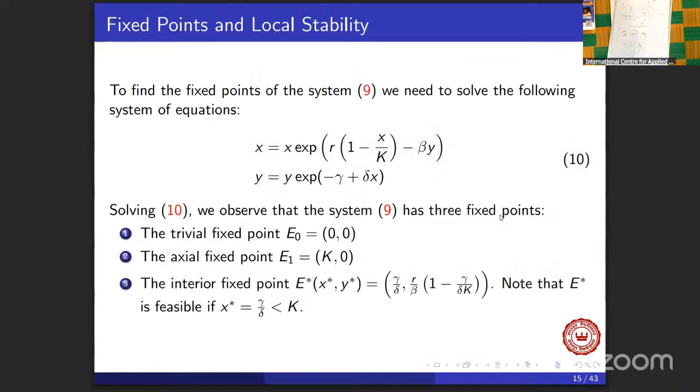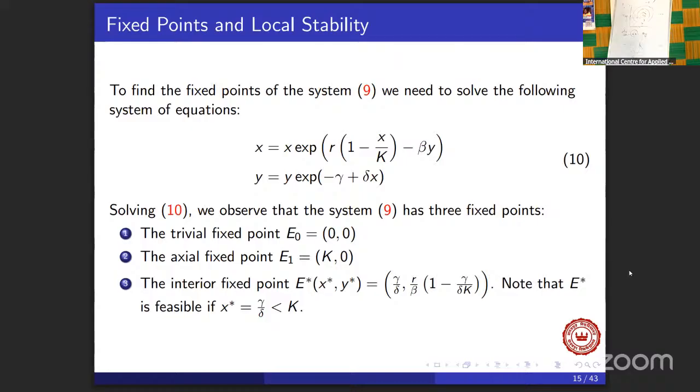To find the equilibrium point, we have to solve the system of equations at the point x(n+1) and xn written as x, y(n+1) and yn written as y. We get the equilibrium point E0 (0, 0), the axial equilibrium E1 (K, 0), and the interior equilibrium E star (x star, y star), with the value of this.